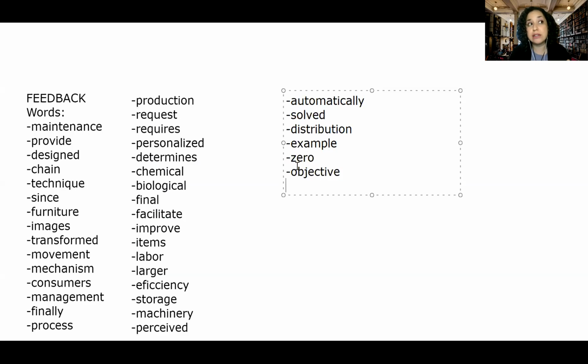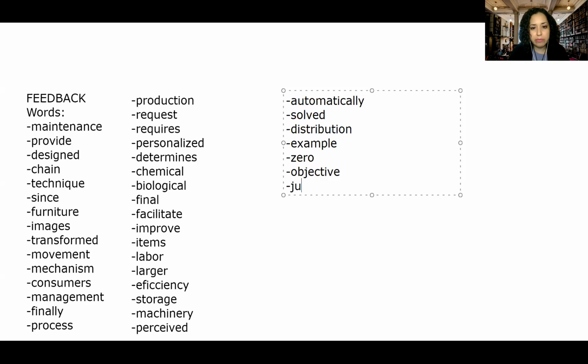We have the tendency as Spanish speakers to say this as object, because we think that it's close to Spanish objetivo, but it's different. Remember that the pronunciation for the J is not the same as in Spanish. So it's a little softer, objective. Objective.